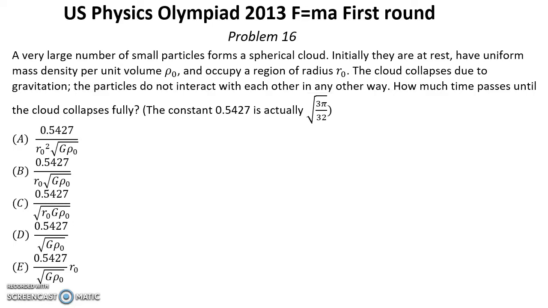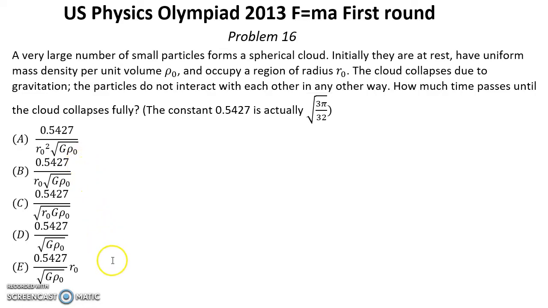The constant 0.5427 is actually the square root of 3 pi over 32. Solution. This problem is about dimensional analysis. And here we already have in the expression the square root of G rho 0 in the denominator.